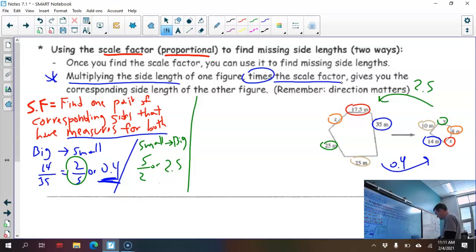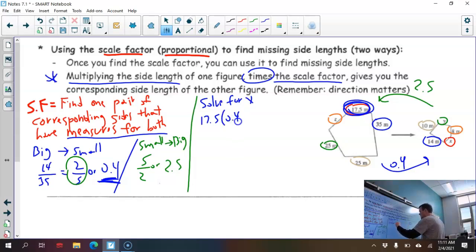So if I want to solve for X, Y, or Z, let's solve for X. If I want to solve for X, I take the 17.5, I multiply it by the scale factor, which is 0.4, and that equals the corresponding side.